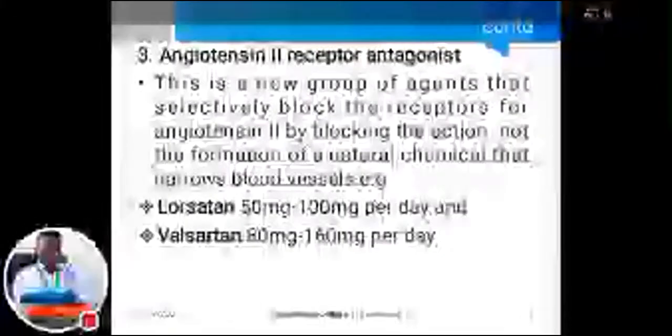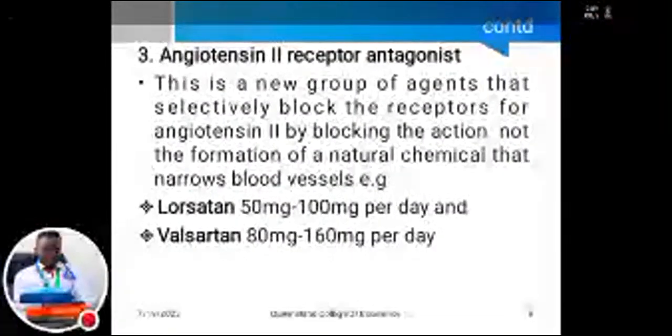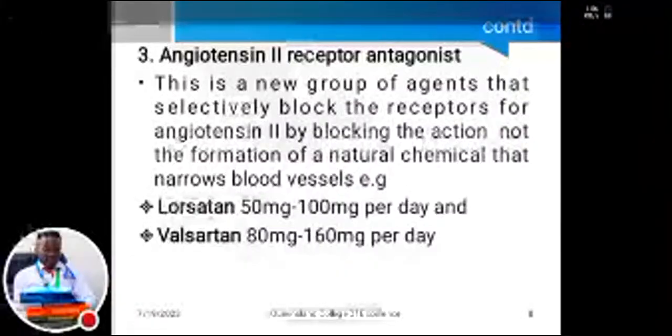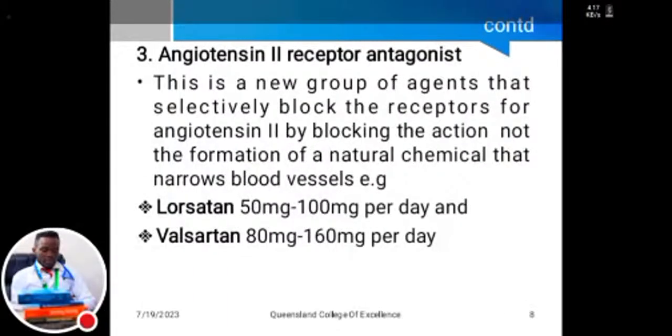Losartan, you can give 50 milligrams to 100 milligrams per day, or you can give valsartan, that is 80 milligrams to 160 milligrams per day. So this is just the drug dosage that you can give a patient for angiotensinogen 2 receptor antagonists.